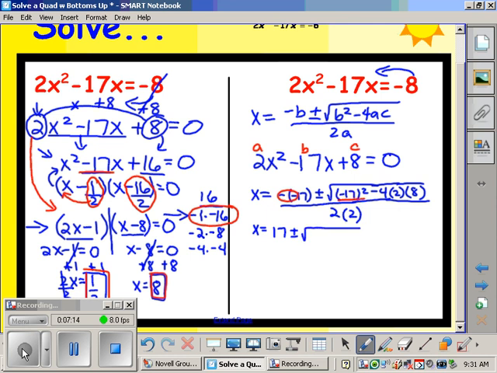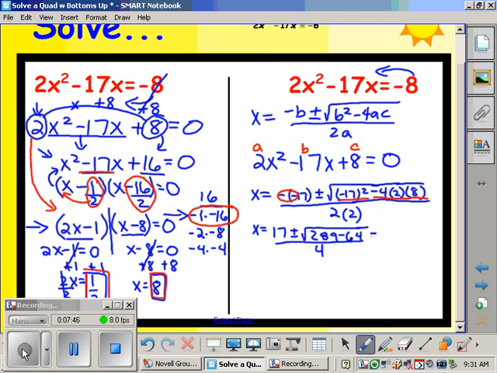Then we're going to square the negative 17, and negative 17 times negative 17 is positive 289. From there, we're going to multiply the next three numbers, negative 4 times 2 times 8, which would be negative 64. Then in the denominator, we will multiply 2 times 2, which gives us 4.